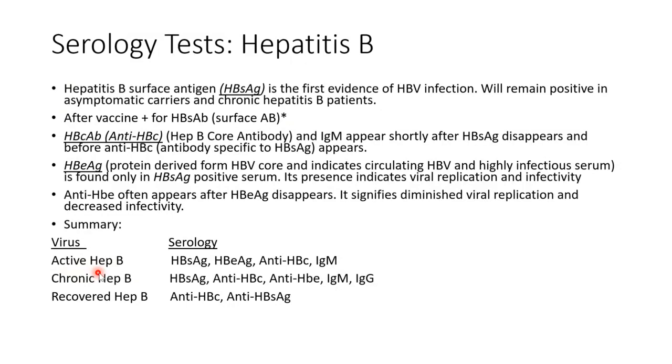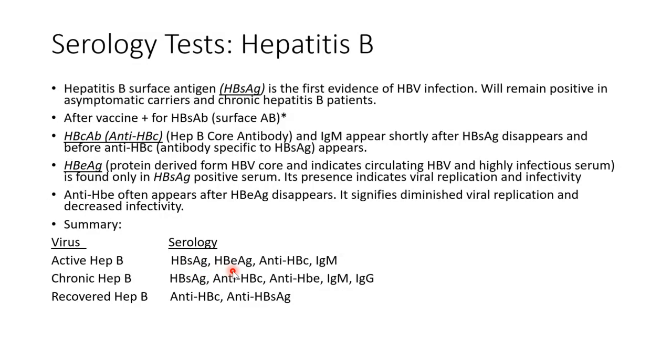Active hepatitis B. So there's some variables in here, but just some main things to keep in mind, just to be able to answer some test questions and understand a little bit about what's going on with hepatitis B. As far as the serology, we get HBsAg. That's the first evidence of a hepatitis B infection.